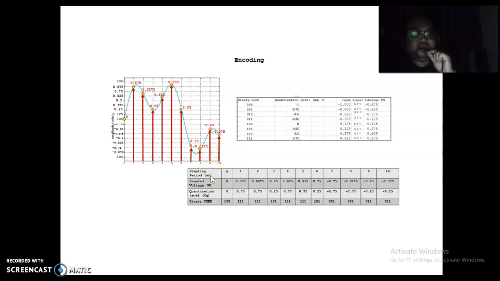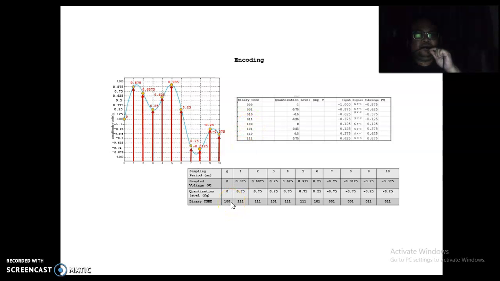Encoding means that after you get the quantization level, that's the time you assign the equivalent binary code to the quantization level. For example, at sampling time period 0, you have a sampled voltage of 0 and a quantization level of 0, so the binary code is 100.